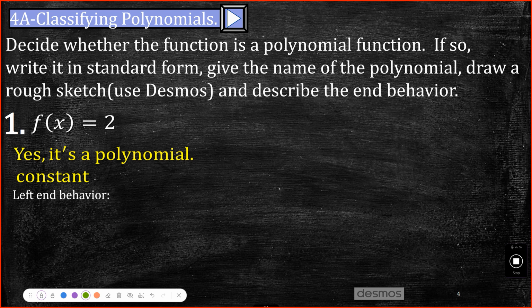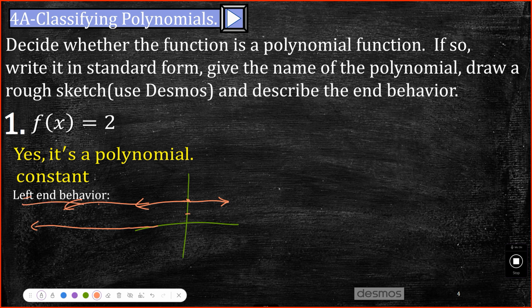I do have it. What's the left-hand behavior? Let me see, I said that this graph looks like this, no? What's the left-hand behavior? It will always be 2. No matter how far I go, the y value will always be 2.